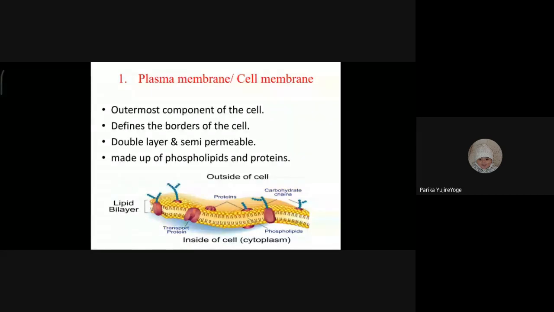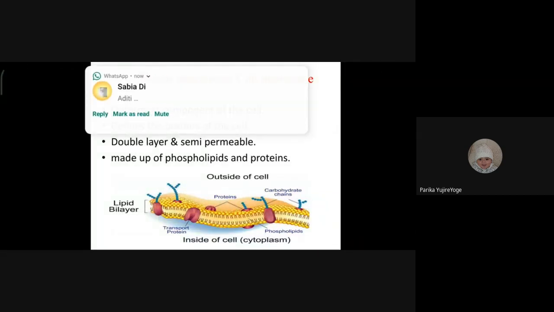Bi means two. You can see in the picture there are two layers, from the top and from below. In both you can see round balls.